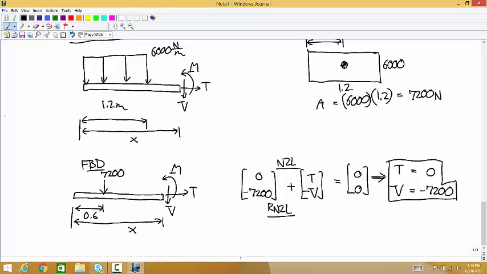And the moment equation, you have 0.6 times 7,200. That's the about point, so this would cause a clockwise rotation.